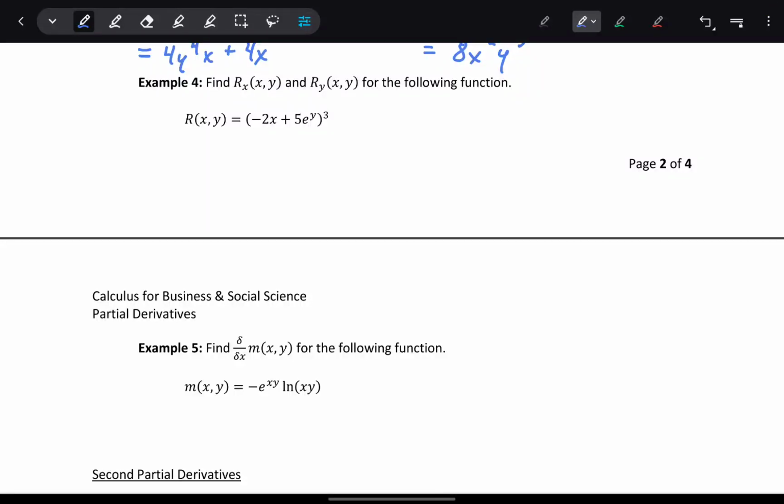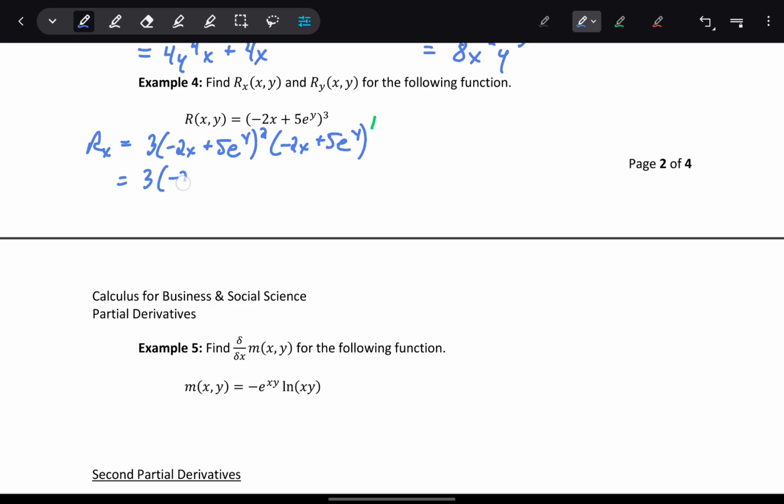In example 4, we still want to find the partial derivatives with respect to each variable, but now we need to apply the chain rule, like we did in example 2. This will become 3 times (negative 2x plus 5e^y) squared times the derivative of that expression with respect to x.